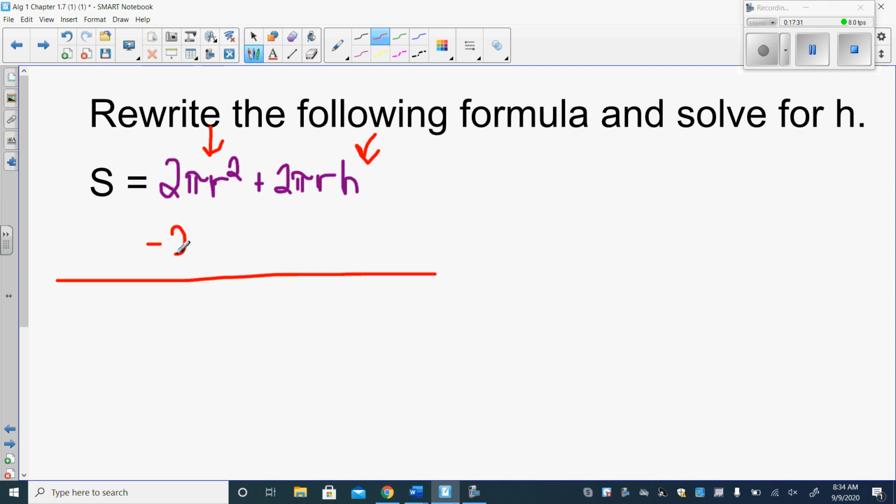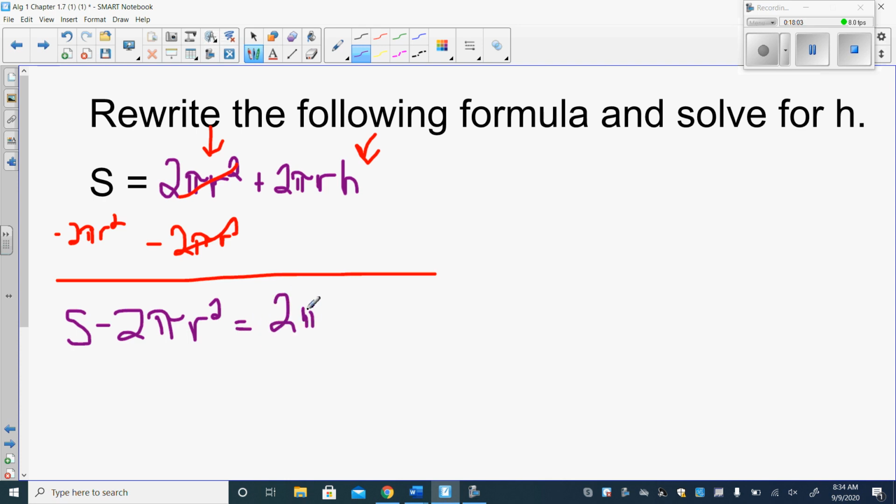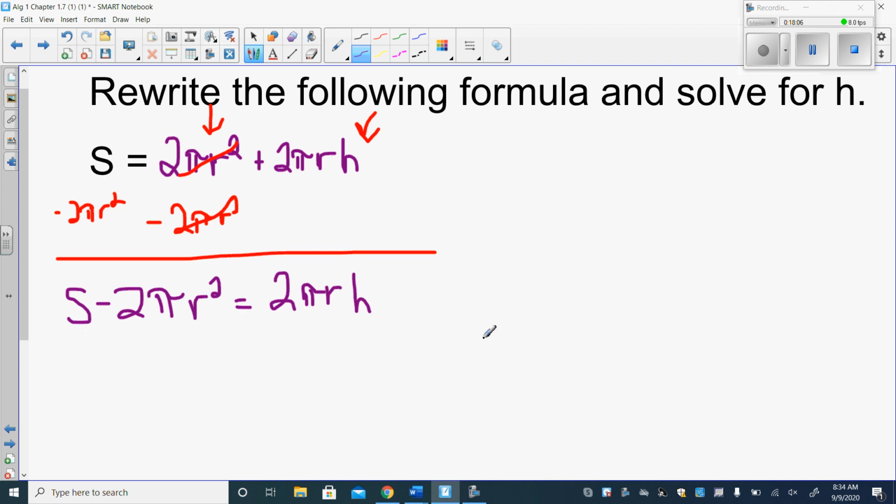And to do that, we're going to subtract 2 pi r squared from both sides. 2 pi r squared and 2 pi r squared will cancel each other out. And so what I end up being left with is s minus 2 pi r squared equals 2 pi r h.